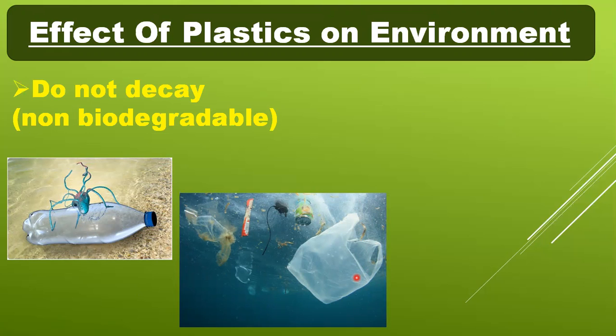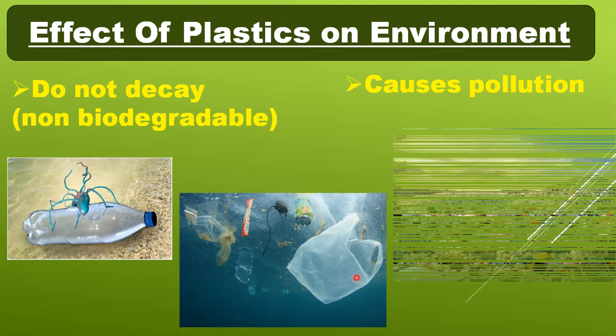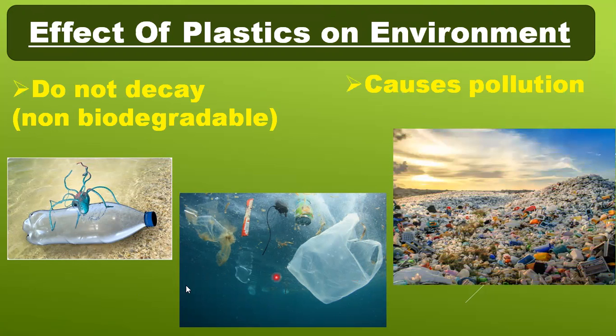They do not have the ability to decompose. That's why they are causing pollution, in the form of land pollution and water pollution. When these plastic materials go into water bodies, they will cause water pollution.